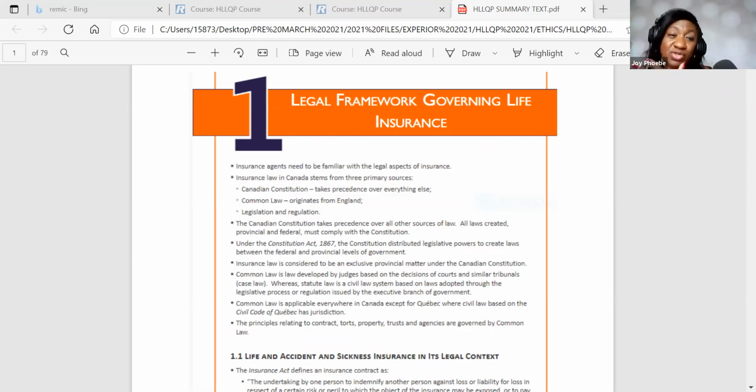The insured can be the insured and the policyholder at the same time, and sometimes the policyholder might be different from the insured. The policyholder is the owner of the life insurance policy.